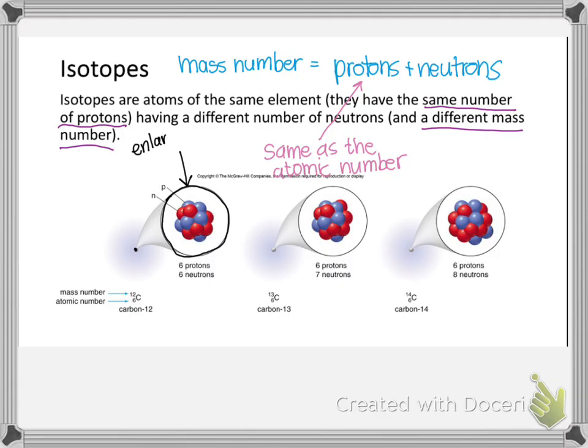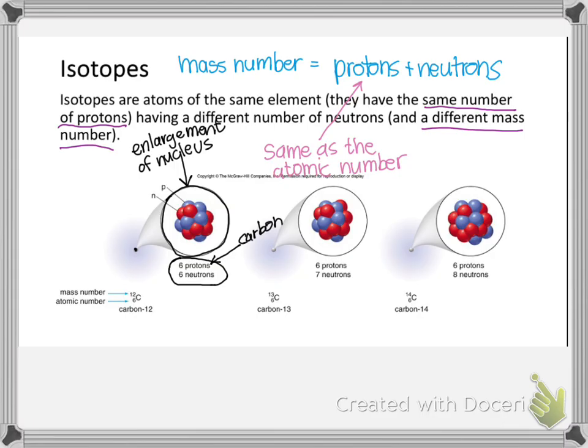They're trying to show you what's inside the nucleus. They have the nucleus there in the middle of an electron cloud. So here we have a nucleus of carbon. It has 6 protons and 6 neutrons. And if you have a periodic table in front of you, carbon is element 6. So we know this is carbon.